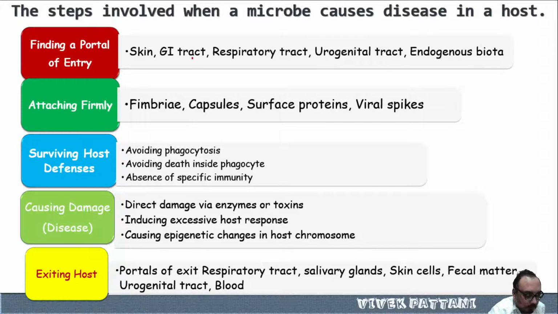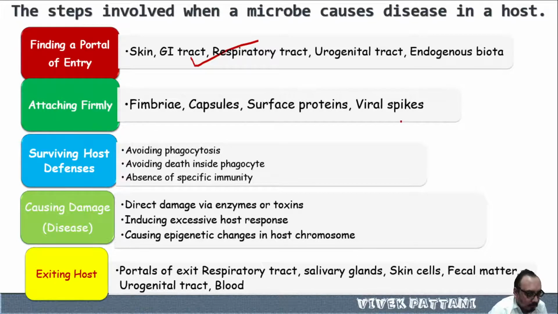The portal of entry basically depends on the type of pathogen. In some cases it may be the skin, in some cases the gastrointestinal tract, respiratory tract, urinogenital tract, or even endogenous biota.